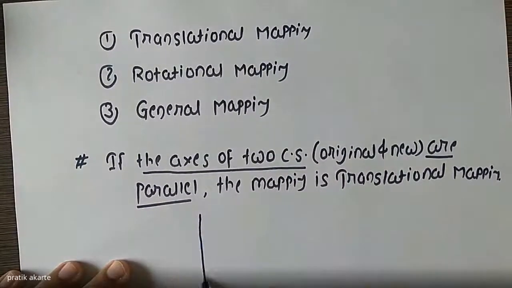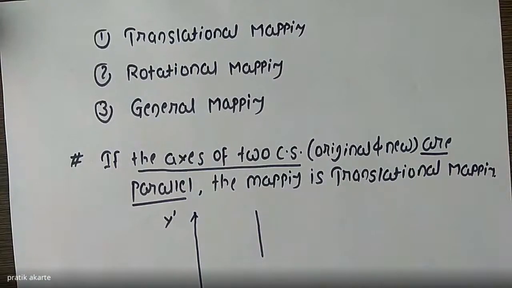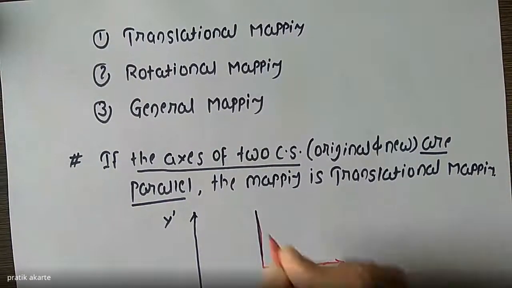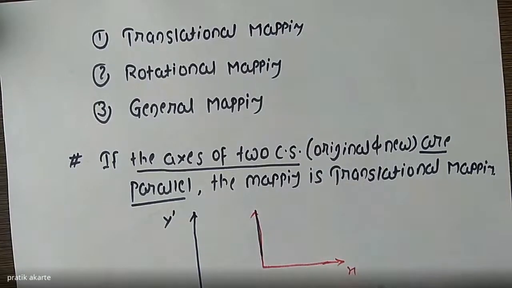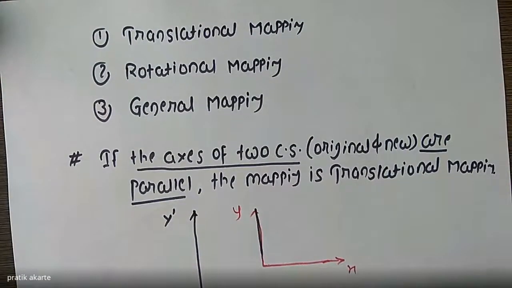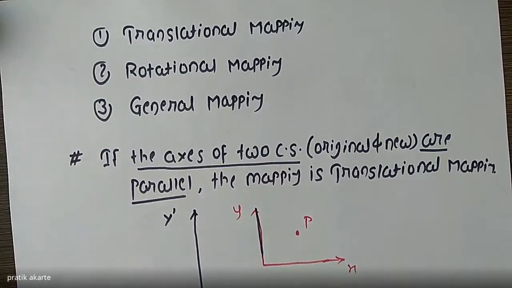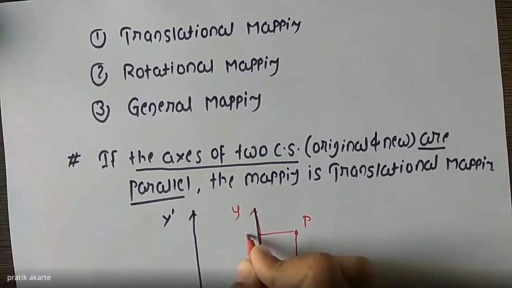Like if this is your new coordinate system x dash and y dash, and this is your original coordinate system x and y. Okay, and we have one point P over here. Fine. So P is defined here as x and y.